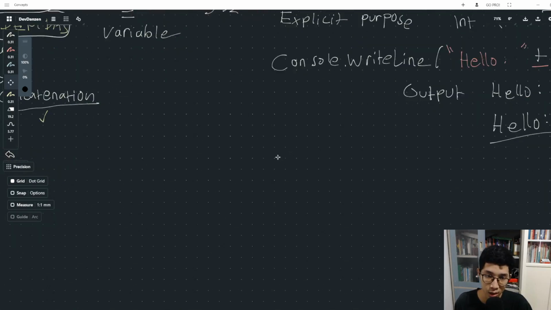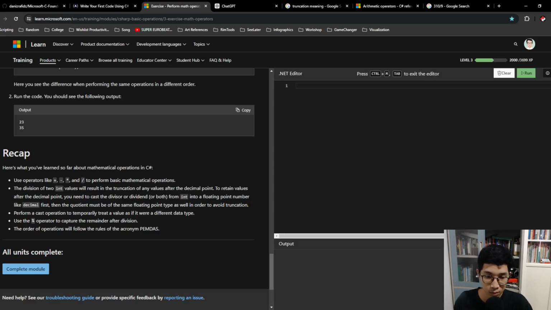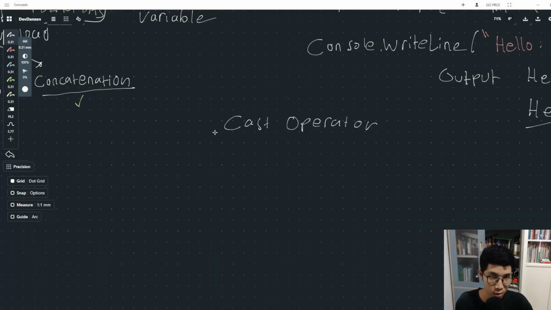Oh yeah, also you can convert using the cast operator.